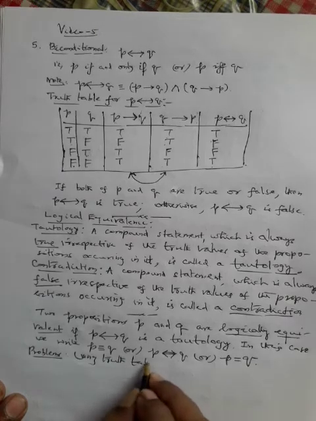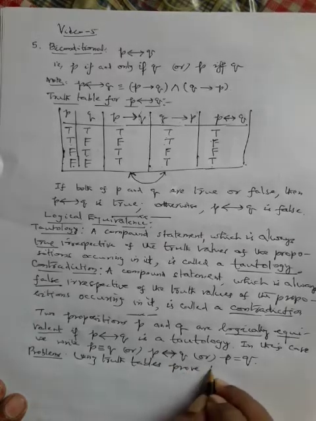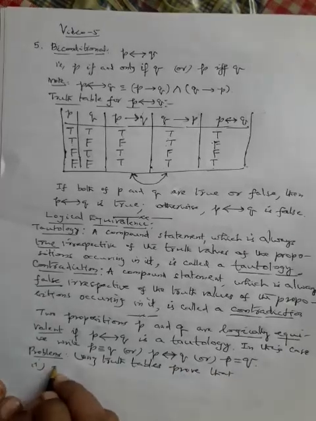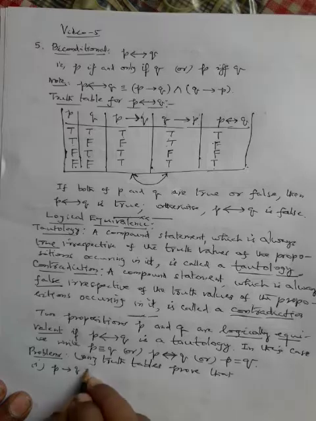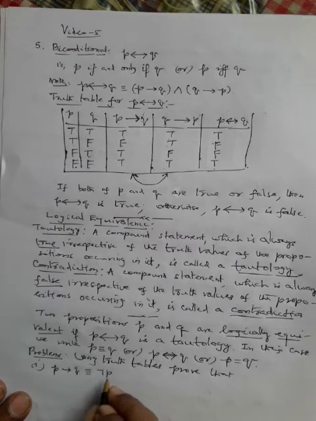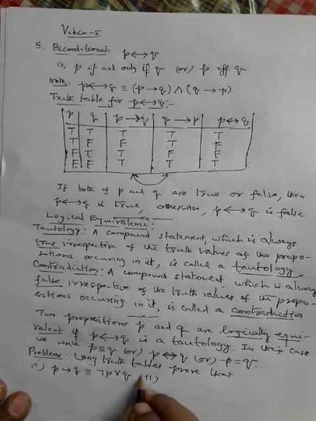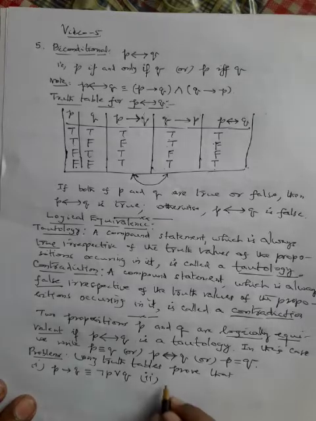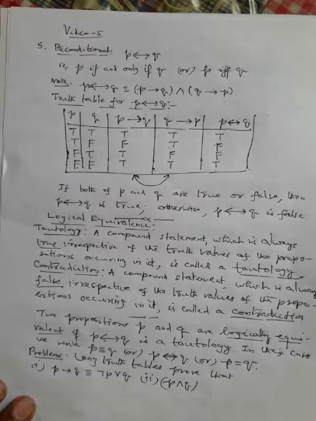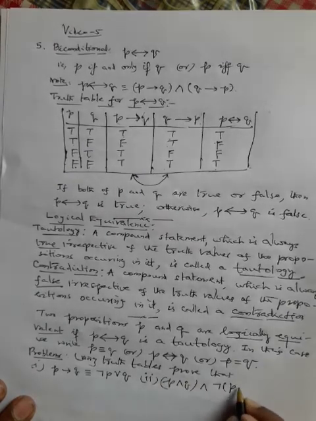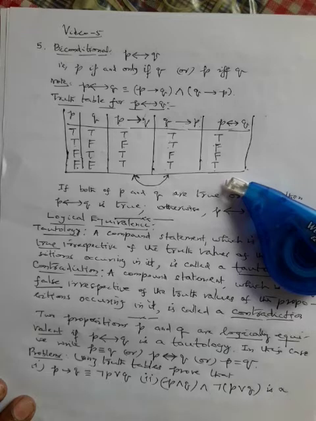Using truth tables prove that: one, P conditional Q is equivalent to negation P or Q. Two, P and Q and negation P or Q is a contradiction.